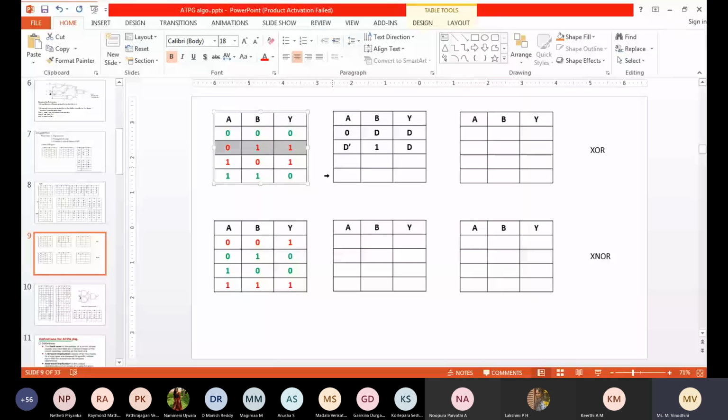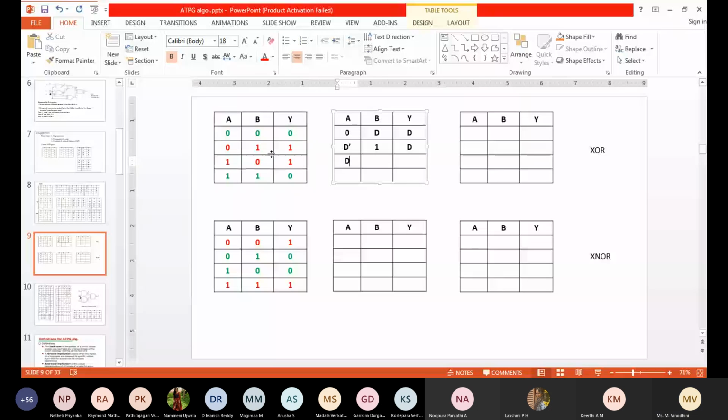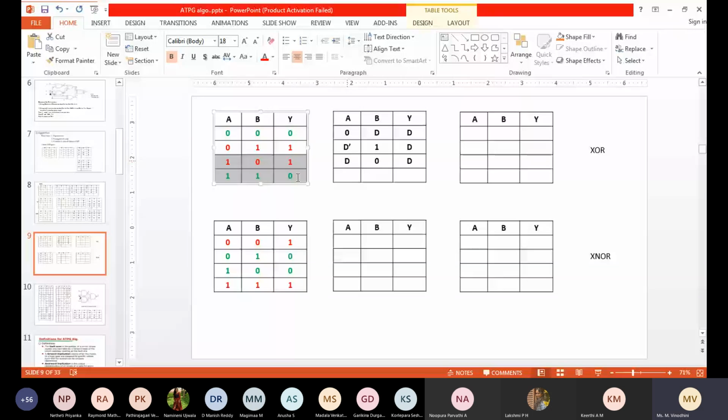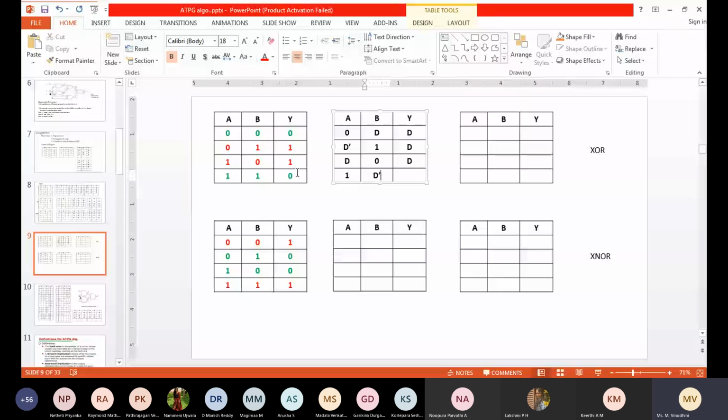Now take the second red row, compare it with both the greens. So 0, 0, it is 0. 1 and 0, it is D. Next, compare these two. 1, D dash, then 1 and 0, D. The same table I can write here now.